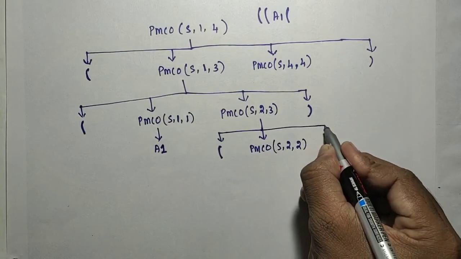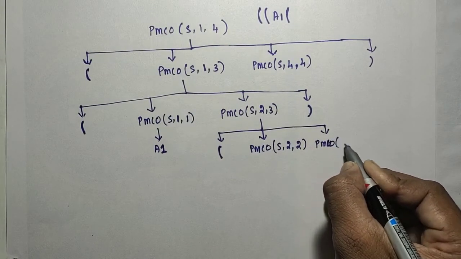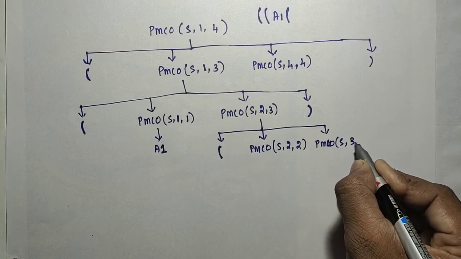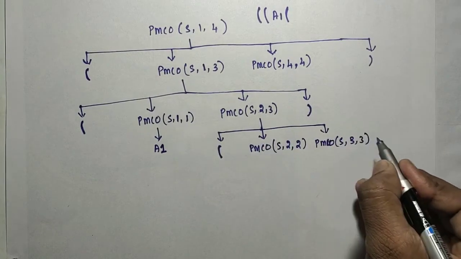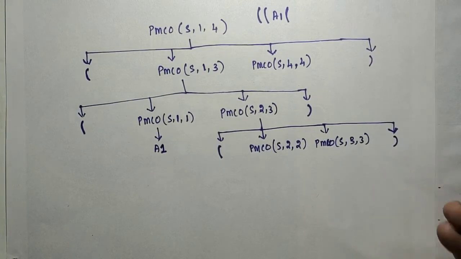After that another call is PMCO of s comma 2 plus 1, that is 3, comma the j value is 3, so 3 comma 3. After that close parenthesis. Okay, that will be printed last.